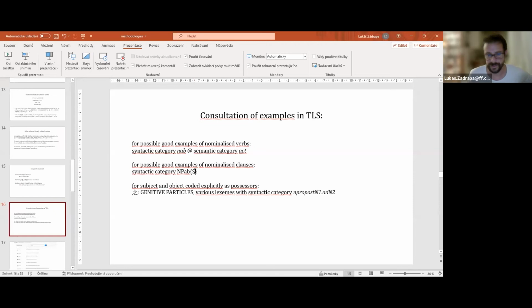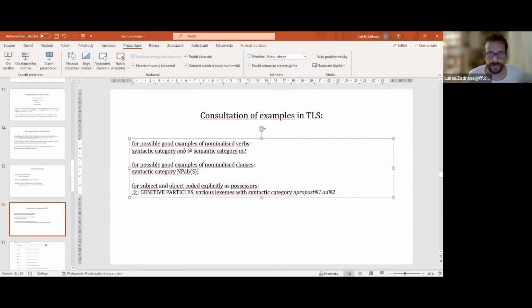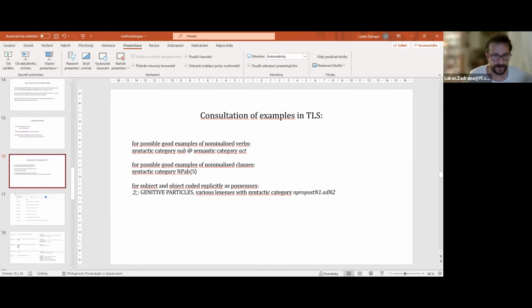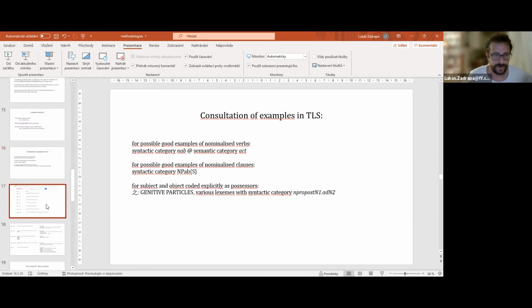So this is precisely what these deranked or dependent or embedded clauses are. And there are some other possibilities, but TLS has these options, although it cannot be used as a corpus in its own right.